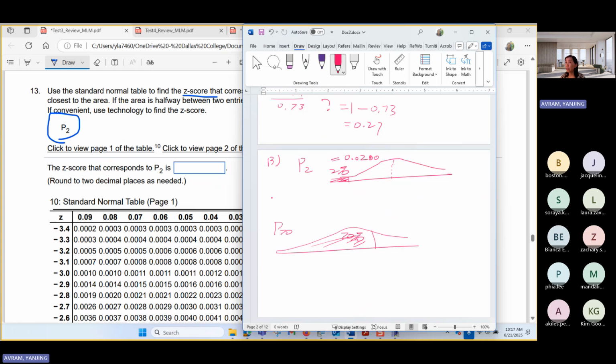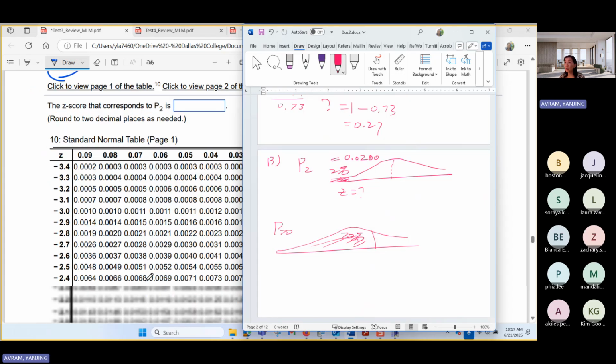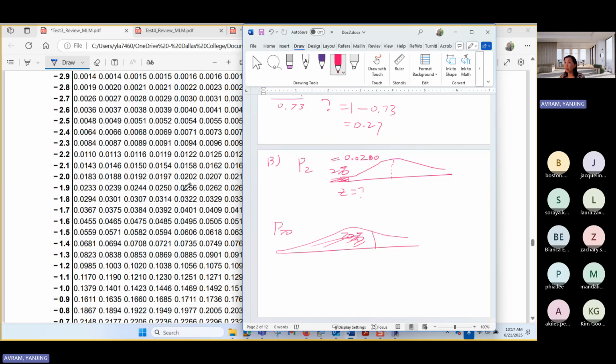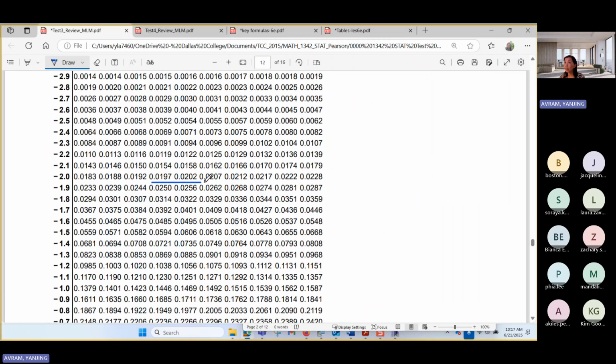So you need to find a z-score. As I said earlier, if you want to read the table, you're going to have to look for 0.02 in the middle here, right? So 0.02 looks like you're going to use this 2 here, either to the left or to the right. If you use the left, it's 0.0003 different.